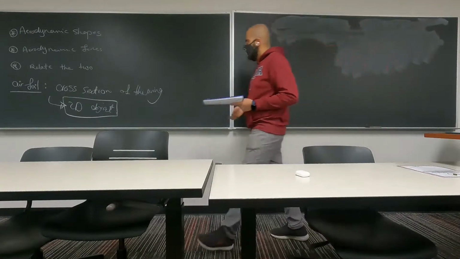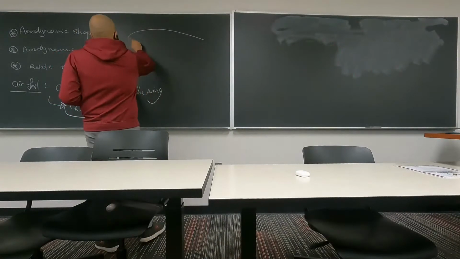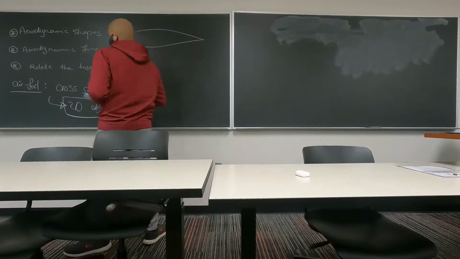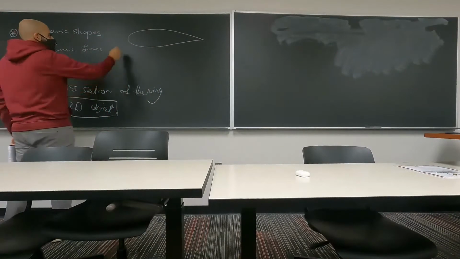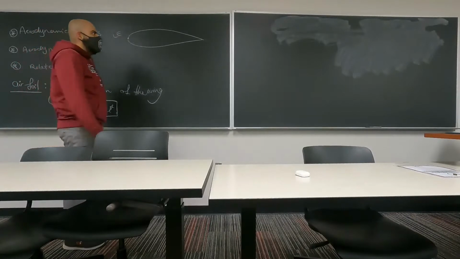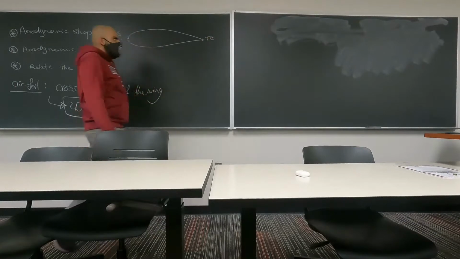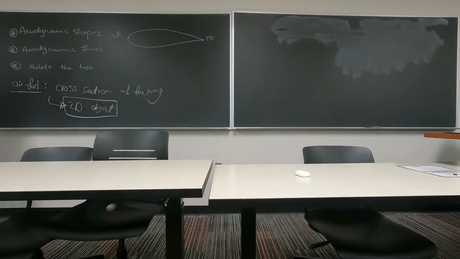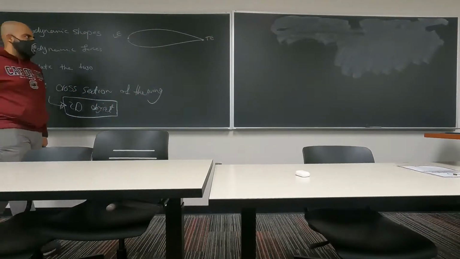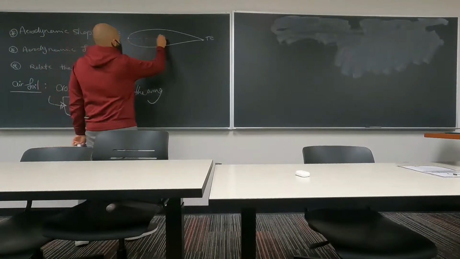Okay, what are the different parts of an airfoil? Let's say this is a schematic of an airfoil. We have the leading edge. We have the trailing edge. So the leading edge is the first place the flow hits at zero angle of attack, and the trailing edge is the last place the flow leaves the airfoil.